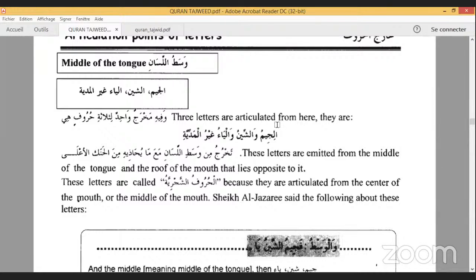We call them الحروف الشجرية because they are articulated from the center of the mouth. If you say أج, أش, أي, not the ياء المدية. The ياء المدية has سكون and the letter before it has كسرة.